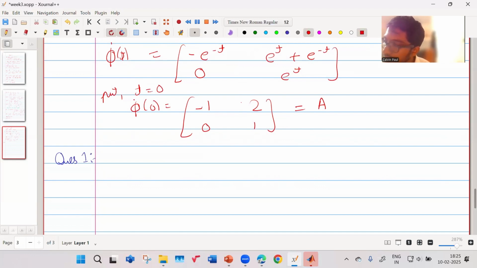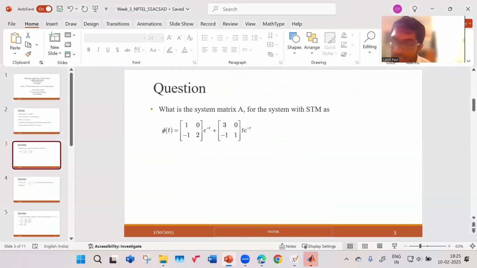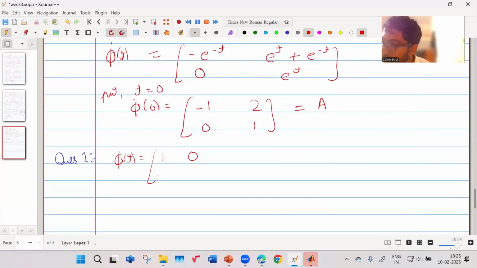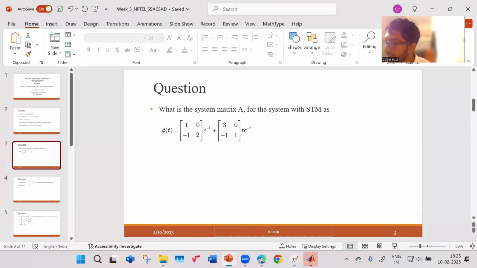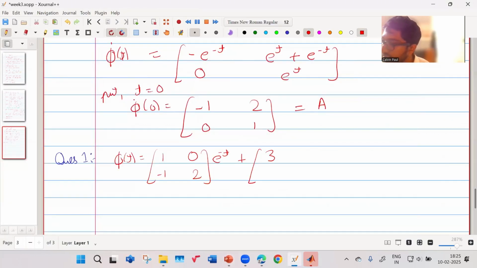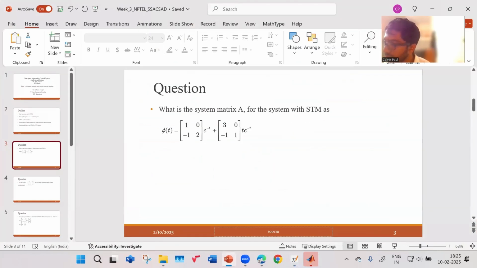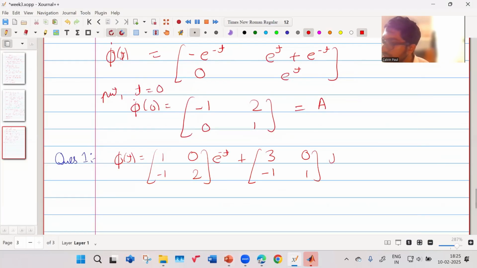My state transition matrix is given by 1, 0, minus 1, 2 times e to the power minus t, plus 3, minus 1, 0, 1 times t into e to the power minus t. This is the state transition matrix and we need to find A.